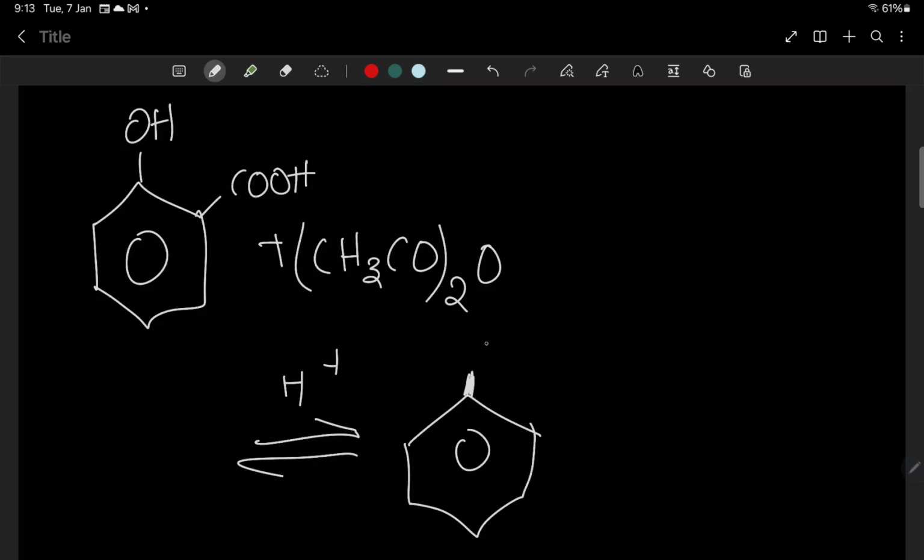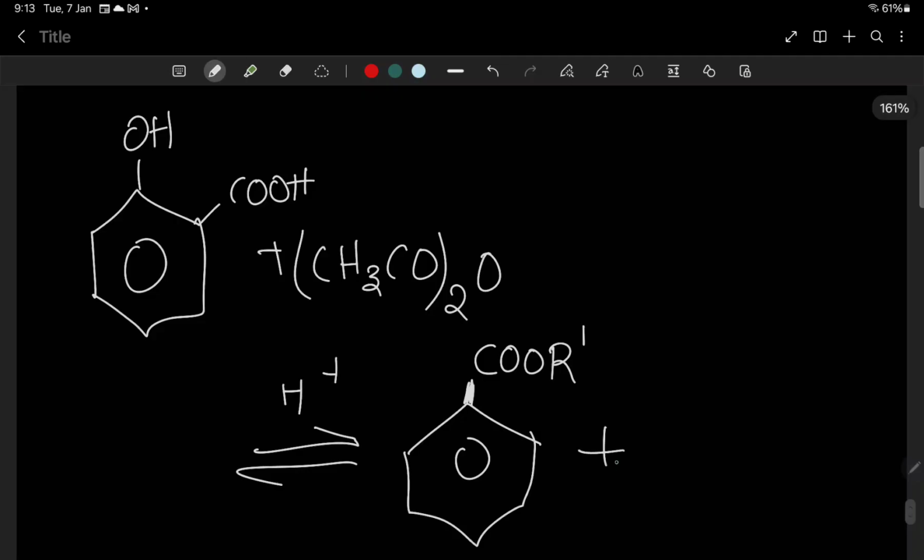So we get the acetyl ester plus CH3COOH. Here there is COOH.